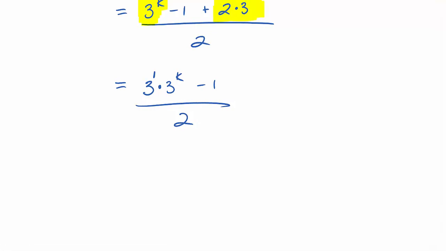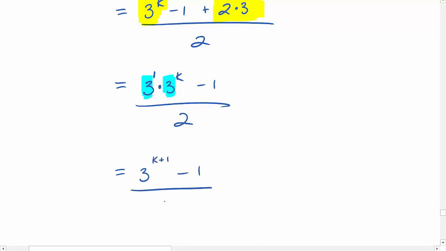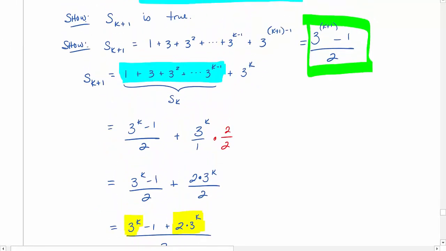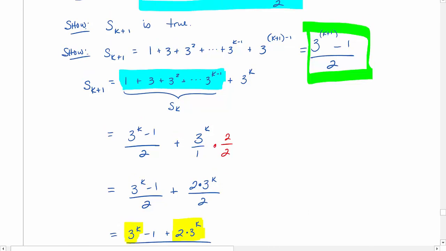They're both 3. So we can add our exponents and put that sum as the exponent on a single base. This turns into (3 to the k plus 1 minus 1) over 2. And notice that was what we were trying to get to. So we have shown that this is a true statement.